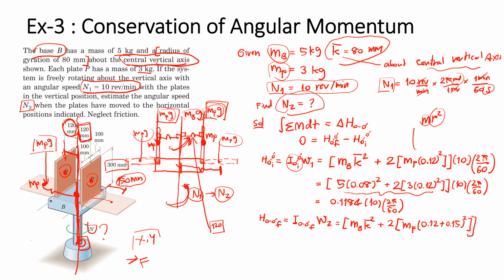And this will be multiplied by omega 2. The problem asks for N2, not omega 2, so omega 2 can be N2 multiplied by the conversion factor, 2 pi divided by 60.